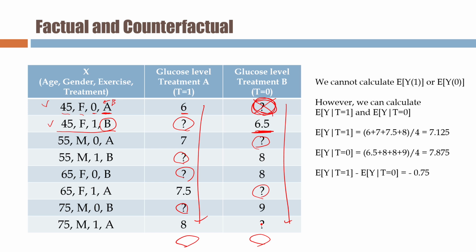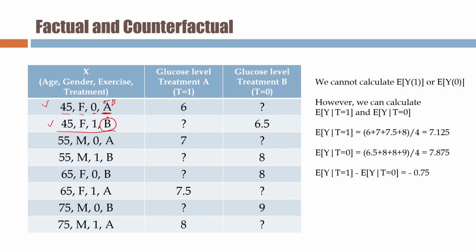However, since we don't have those empty parts, the question mark parts, why don't we just calculate the average of these four numbers?